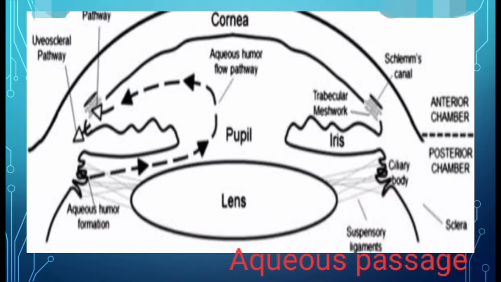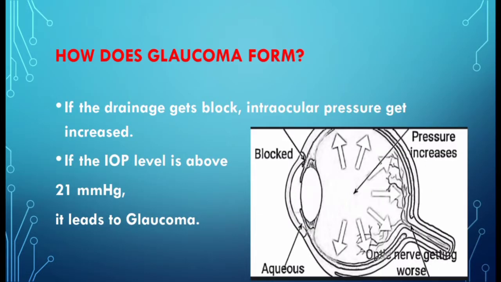Please go through it. Now we are going to see the glaucoma formation. When the trabecular meshwork gets blocked but the aqueous is still being produced, it is unable to drain through the trabecular meshwork and the intraocular pressure level increases. It shows its effects on the optic nerve. The optic nerve gets damaged and the visual field gets lost.